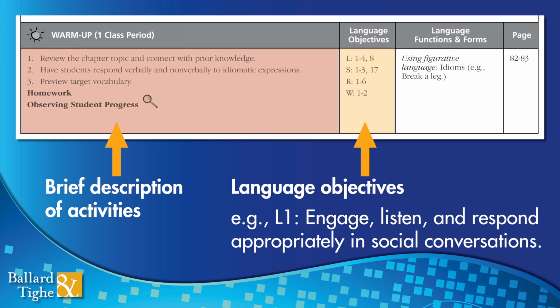What is L1? All the language objectives are listed at the beginning of the proficiency level. So, for example, in this case, on page 22 of the Blue Level Teacher's Guide, L1 states that students should be able to engage, listen, and respond appropriately in social conversations.